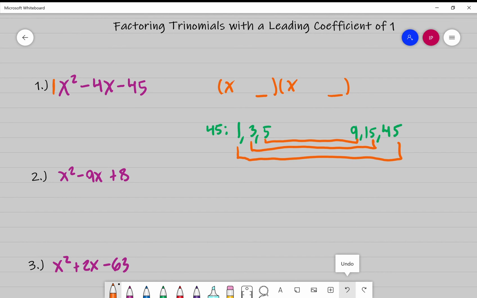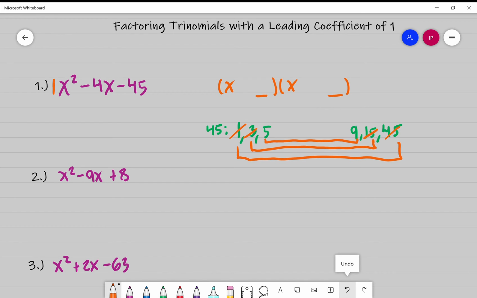If you want to, we can mark those out. 3 times 15 is 45, so that is what we're looking for. But if we add or subtract those two numbers, we do not get 4. 3 plus 15 is 18, and 15 minus 3 is 12. So that can't work as well.